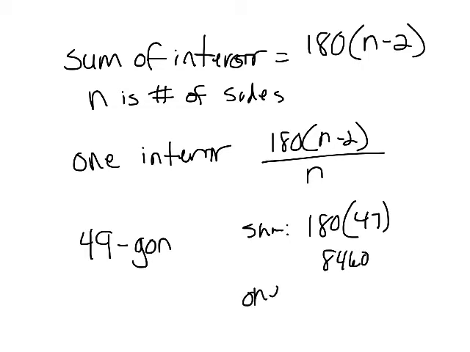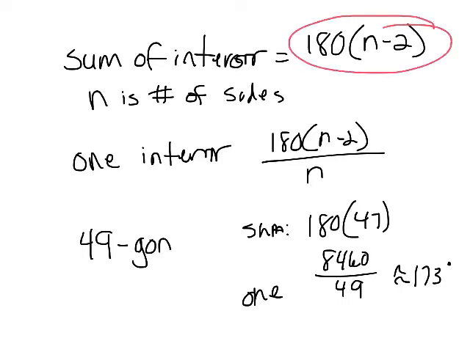So one interior angle is going to be 8460 divided by 49, and that's 172.6-ish. Okay, approximately 173 degrees. So that's the process. You don't have to have the diagram to do this. You just have to remember the formula for the sum of the interior angles and a single interior angle.